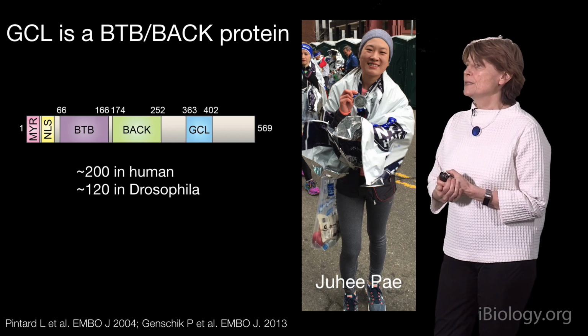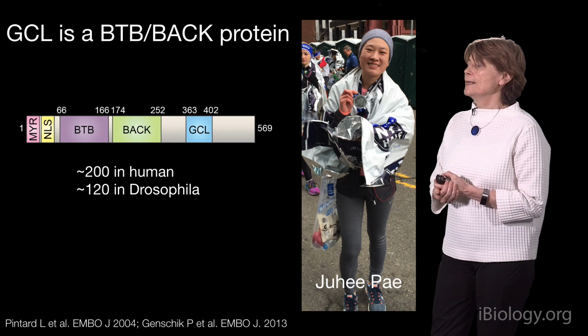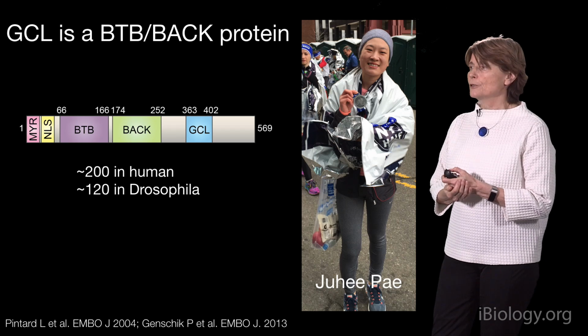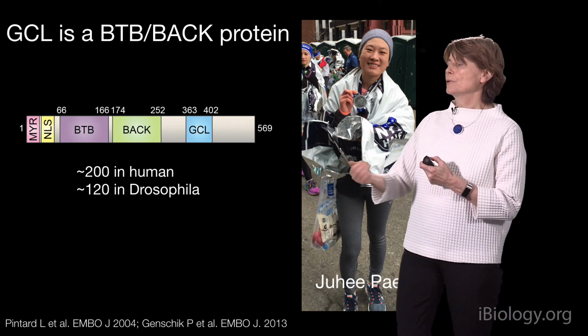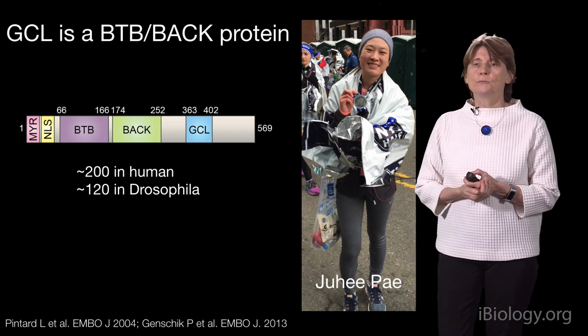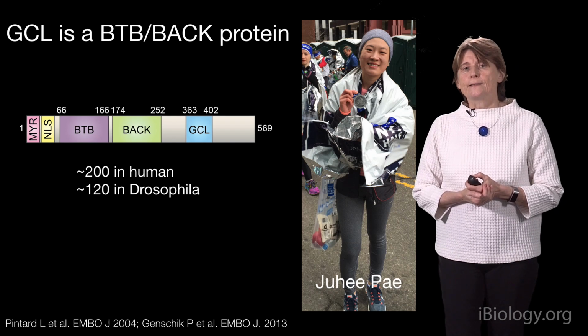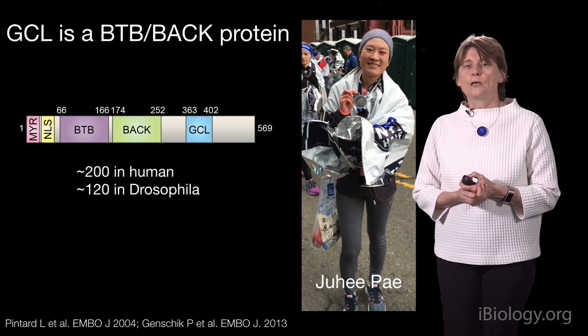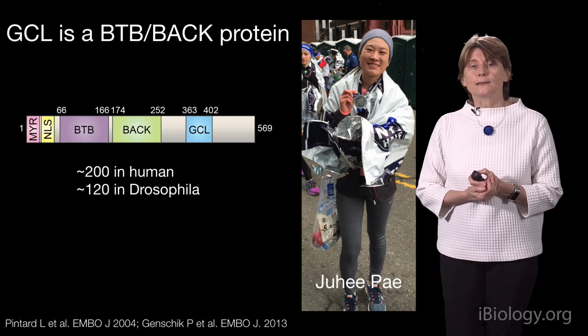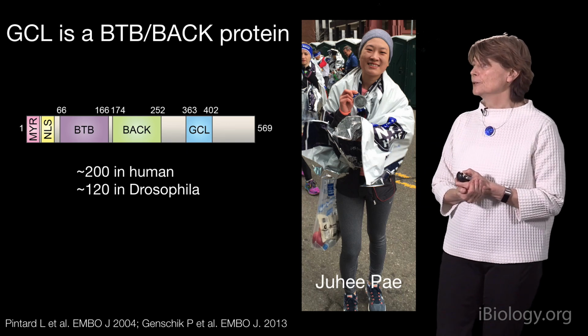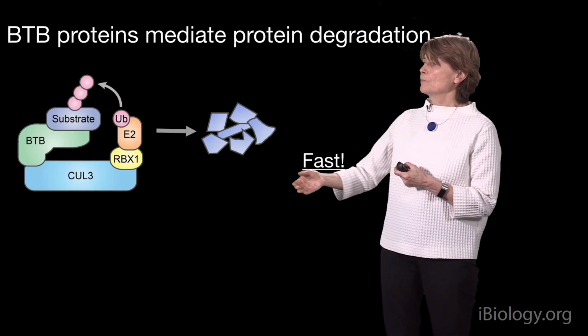Germ cell-less is a BTB-BACK protein, and it has a few other domains which I will tell you about. So what are BTB-BACK domain proteins? They're quite common in humans and in Drosophila, and they are often associated with cullins, and cullins are involved in degradation. Let me explain what cullins do.